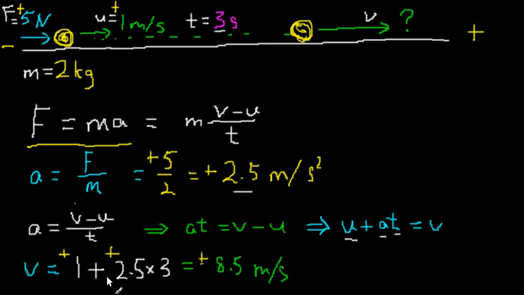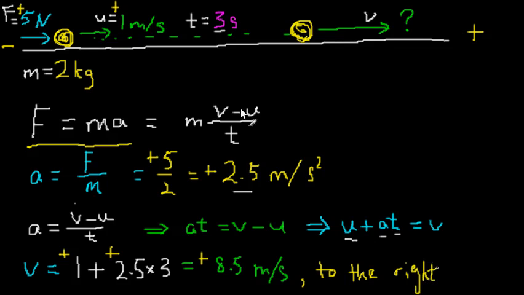That sign is decided by this calculation. The calculation gives us a positive answer, so it means that v is plus, and then we can describe our answer. We can say that the velocity v has a magnitude of 8.5, and its direction is to the right.